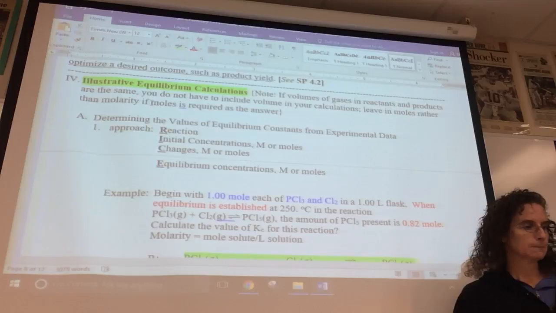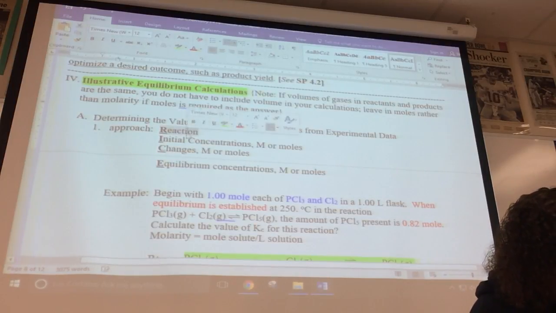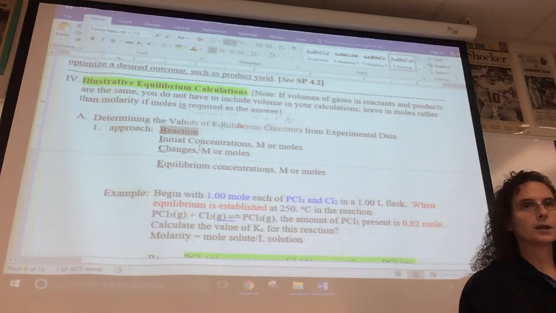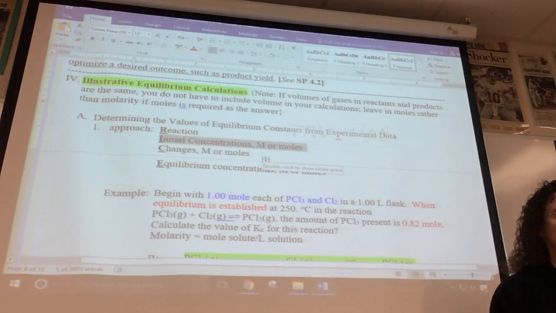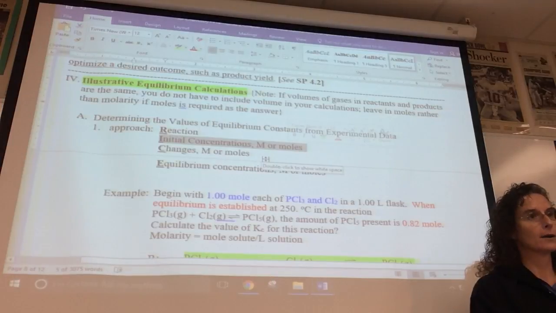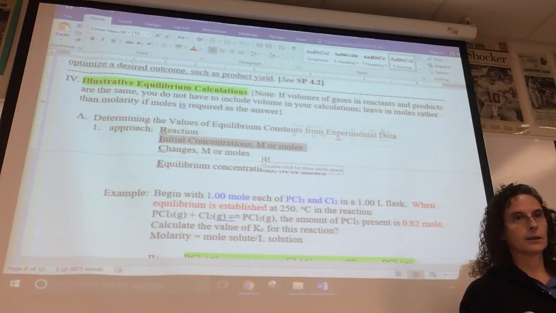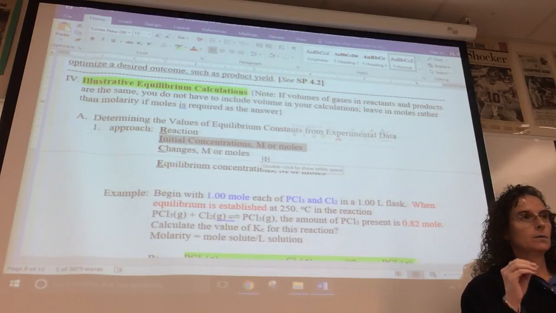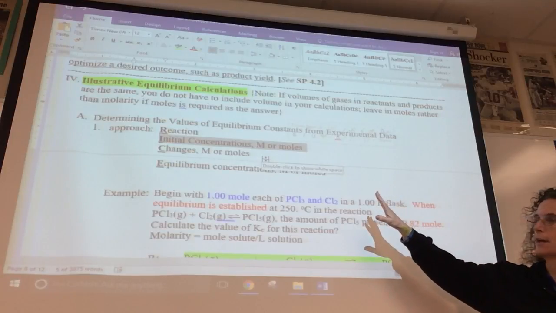It's called RICE. We're going to make RICE tables. And RICE stands for R for reaction. That's your equilibrium reaction. I for initial concentrations, either in molarity or moles, most commonly as molarity. Initial amounts typically are given. Initial amounts will determine whether the forward or reverse reaction is favored. C for changes.